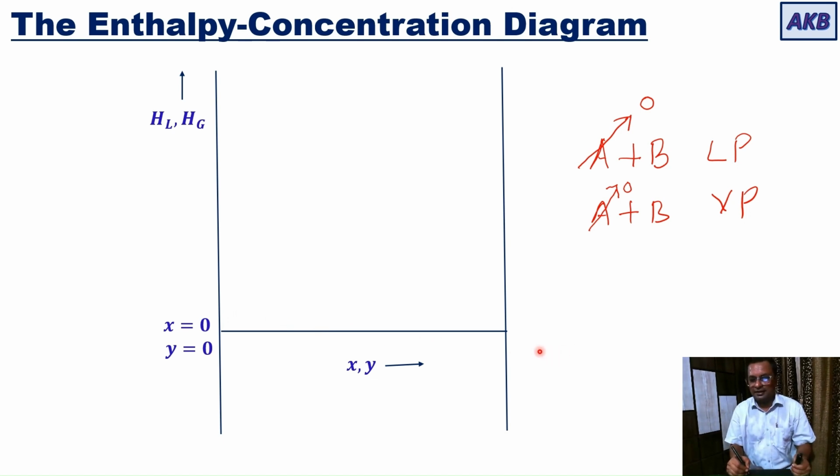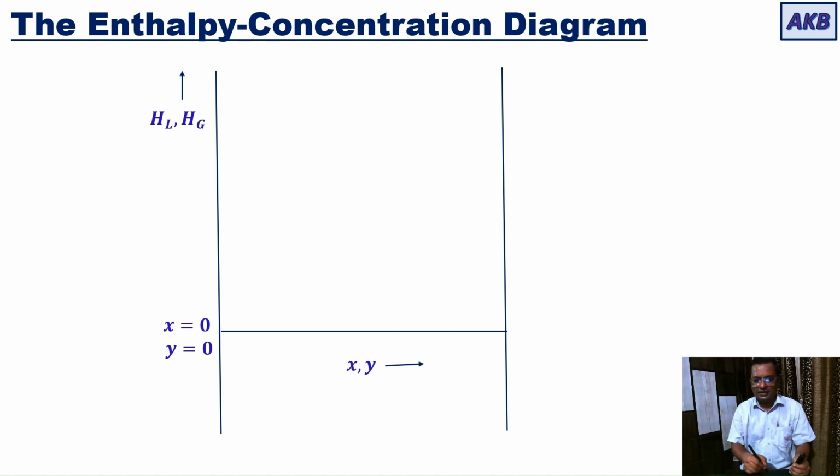Now look at the other end. X is equal to 1 and Y is equal to 1. Let me discuss this with the help of this particular example. Let me erase everything so that I can write a new example. At this end, we are talking about the other end where X is 1 and Y is 1.